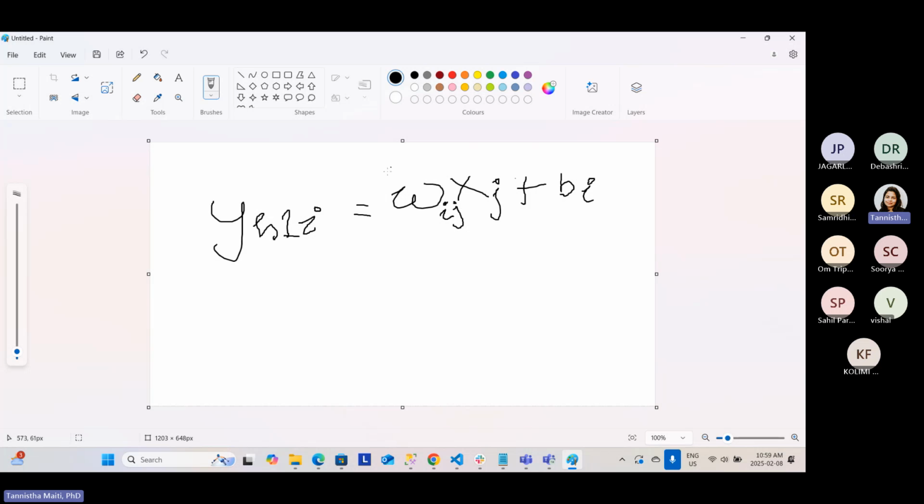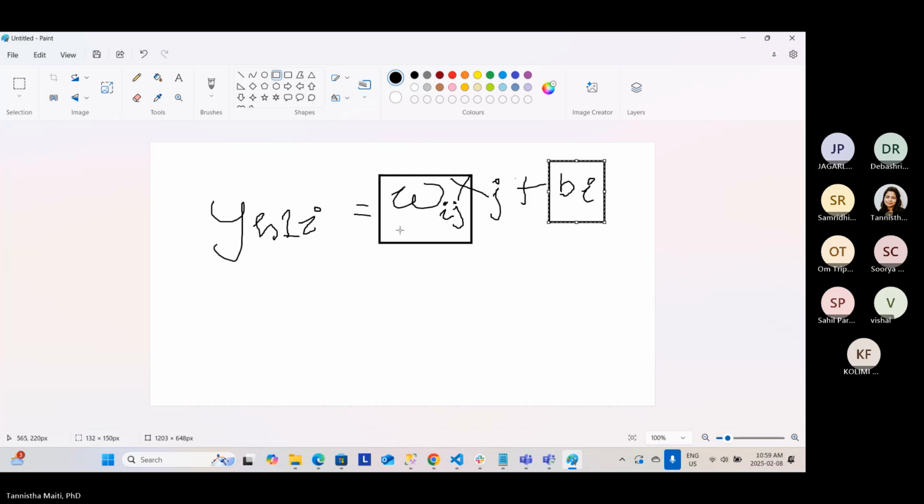Okay, so in the course of your training, what you are actually doing is modifying these values, the weights and the bias. Once you modify them, the activation for all these hidden layers is also updated.